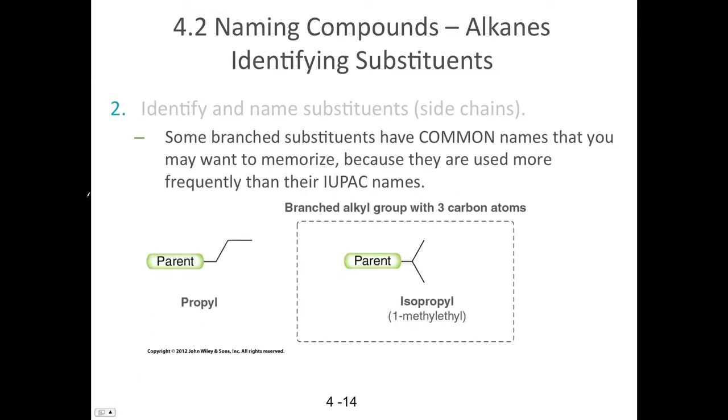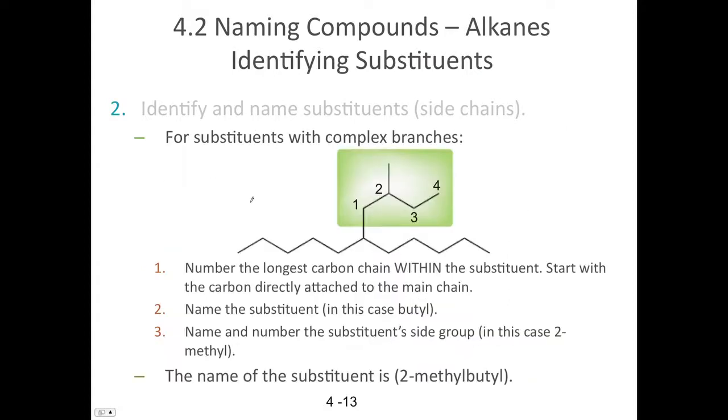So let's go back here and name the entire thing. This is the 2-methyl butyl group. This is carbon number 1, 2, 3, 4, 5, 6. I start numbering the parent chain from the side where I would give the substituent the lowest possible number. But because this is smack dab in the center of this molecule, this is going to be carbon number 6.